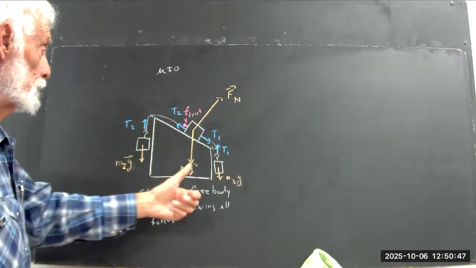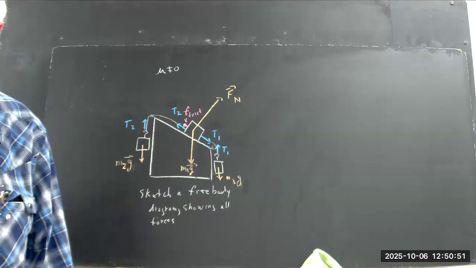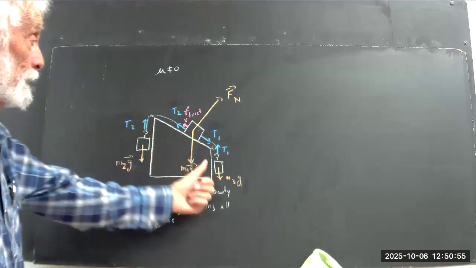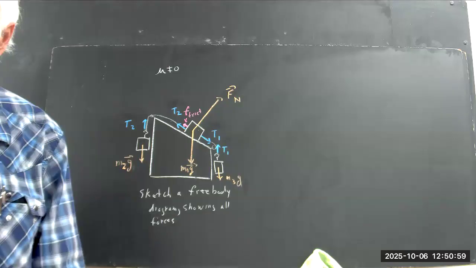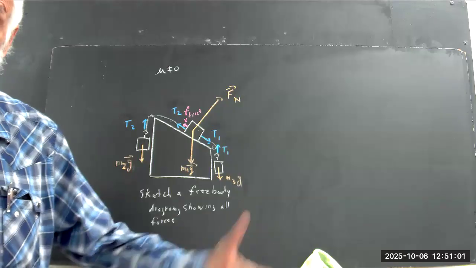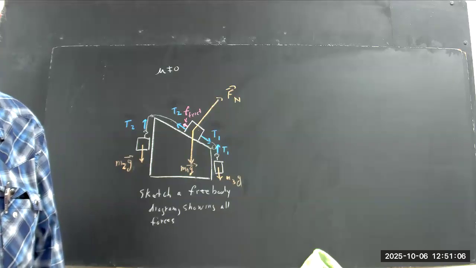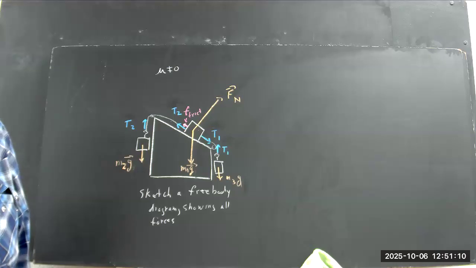And we don't really know if it's in this direction or that direction. If this is a really big weight, we could be pulling this thing up the incline, in which case friction would be down the incline. Friction is going to resist motion. Make sense? Friction is always in the direction opposite.